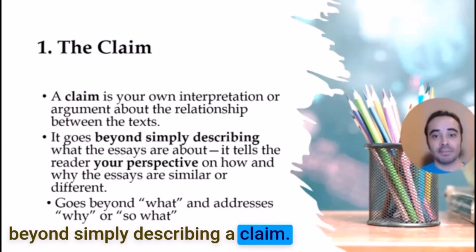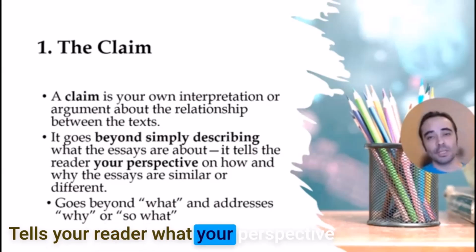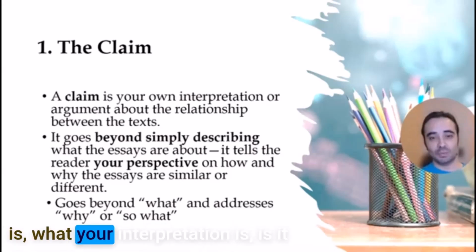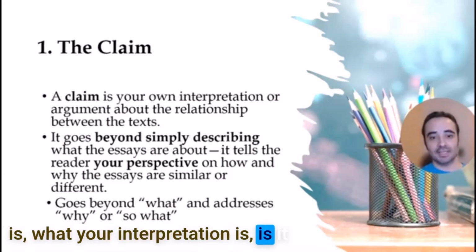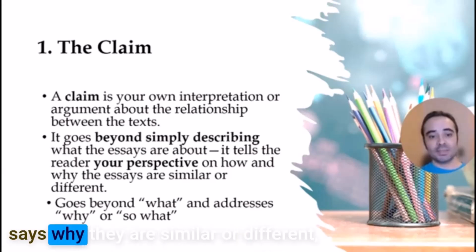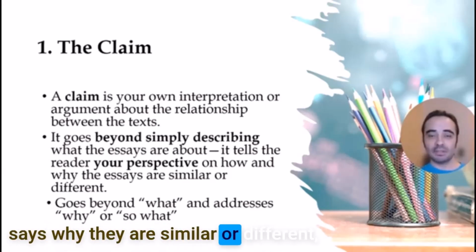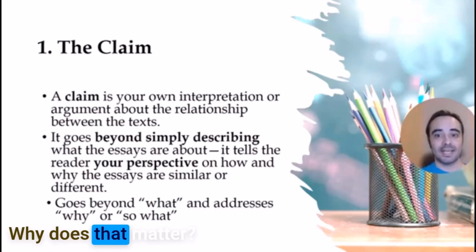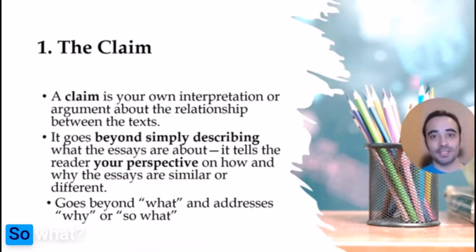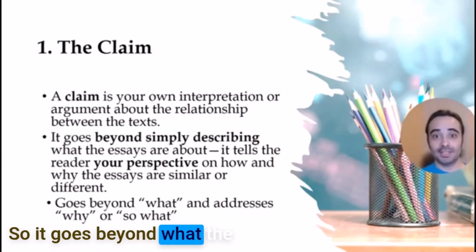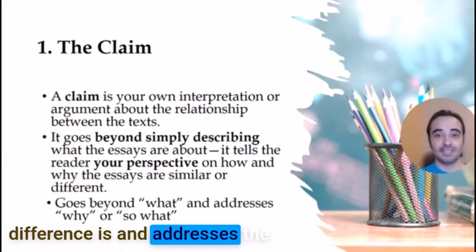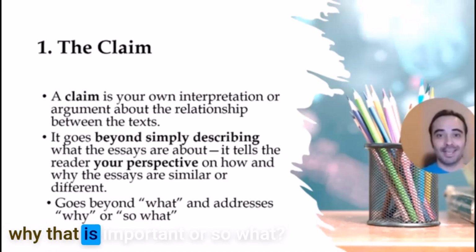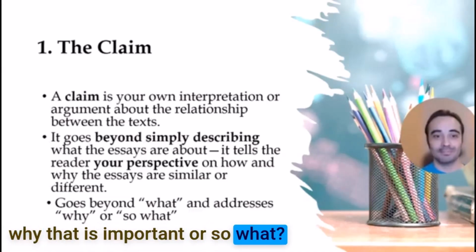A claim tells your reader what your perspective is, what your interpretation is. It says why or how they are similar or different, and why that matters. It answers the question, so what? It goes beyond what the difference is and addresses why that is important.